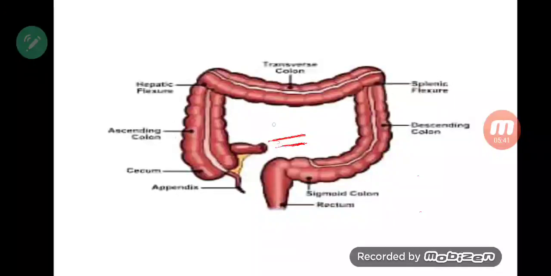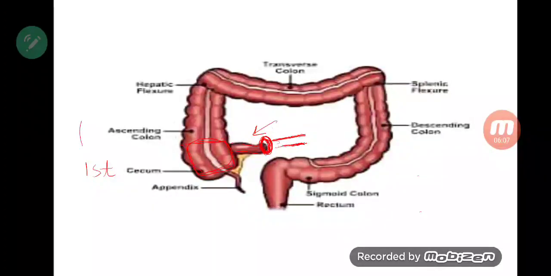The large intestine starts with a sphincter here called the ileocecal valve. Then we go to the cecum. Here is the cecum, and the cecum is the first part of the large intestine.